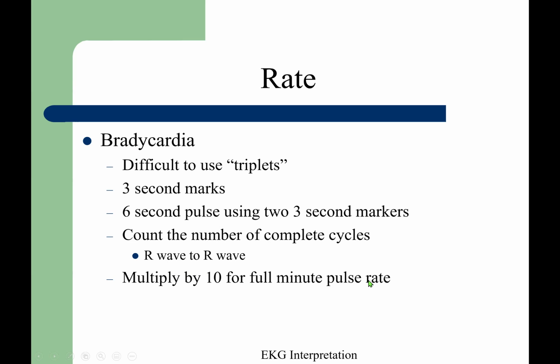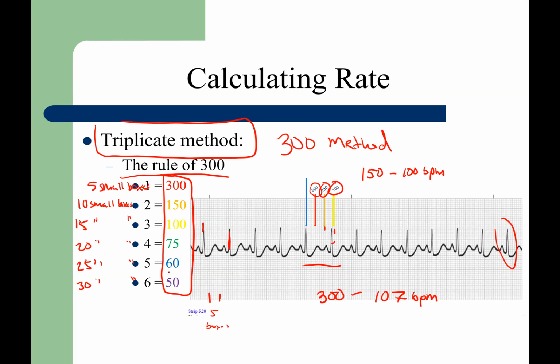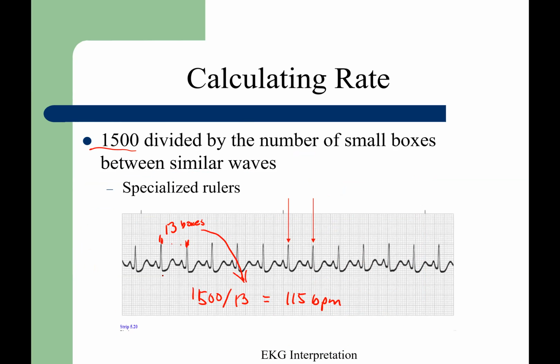Certain things we need to consider: when we have a really slow heart rate, a really low bradycardia, we cannot use the triplicate method, because the lowest heart rate we're going to get is 50 beats per minute.